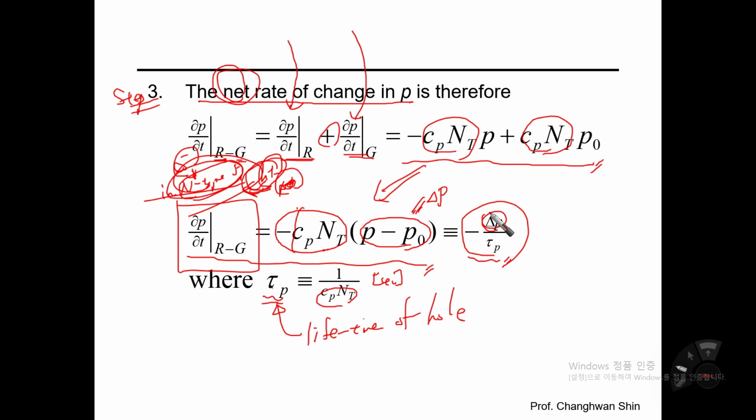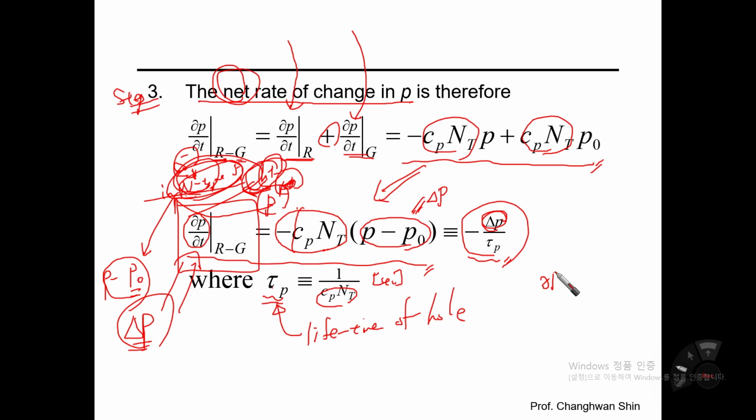In other words, originally n-type material has its own holes, but holes have now been injected, so p minus p naught, this value, is the excess hole concentration. This delta p would determine how fast the holes recombine with electrons in the n-type material. So ∂p/∂t by R and G is minus delta p divided by tau p.